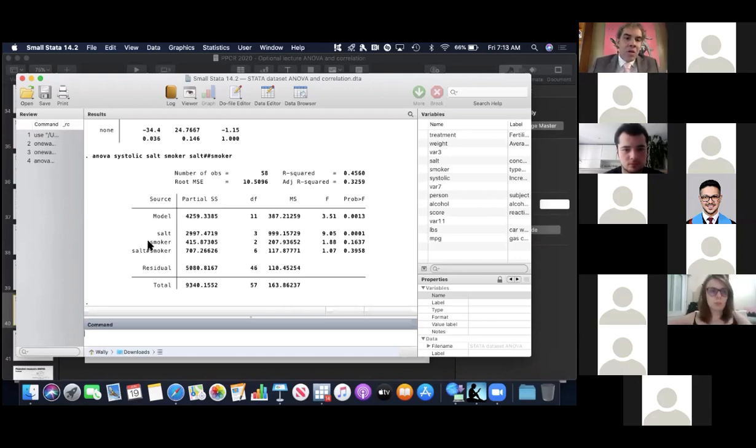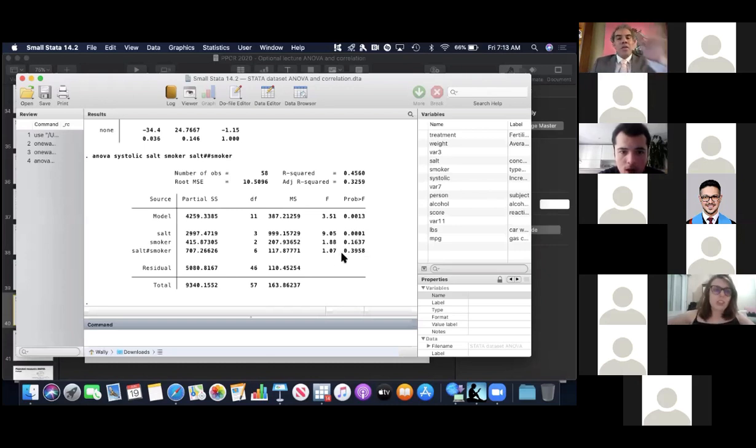For my smoker groups, we see that my F is 1.88 and it's not significant. It's 0.16. So this means that smoking does not increase my systolic blood pressure. Remember, this is only an example. This is not real data. You all know that smoking increases your systolic blood pressure and it's bad for your health. So don't smoke. And the interaction, which is salty diet and smokers, is also non-significant, 0.39.